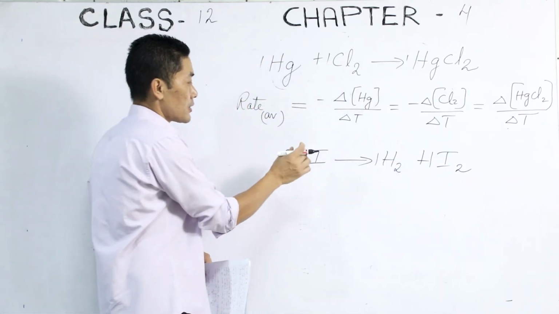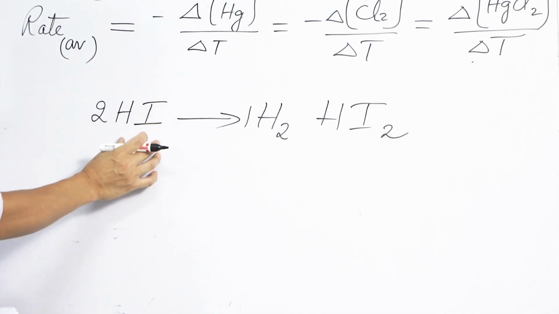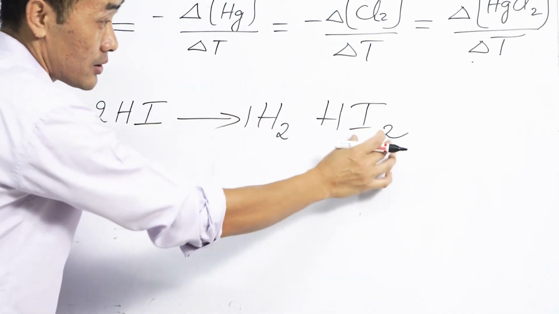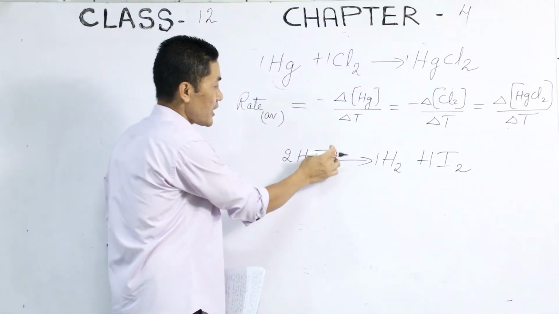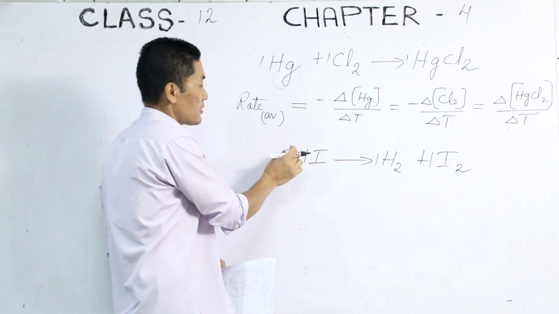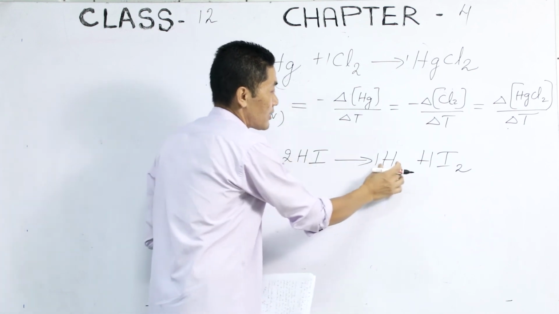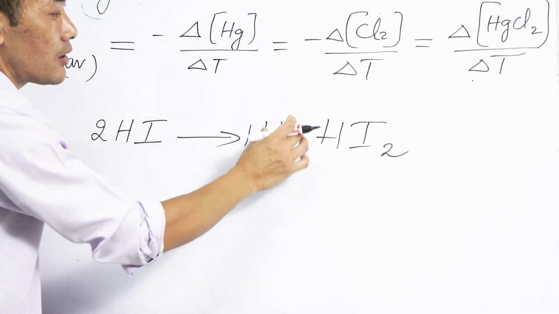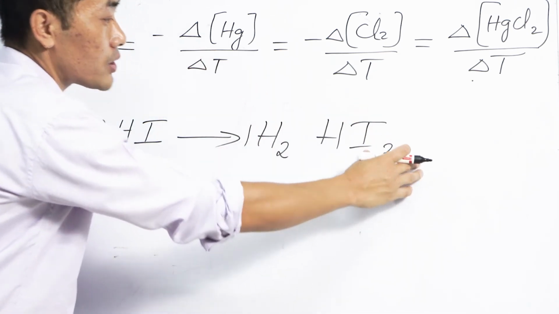This means that the rate at which hydrogen iodide is consumed is not equal to the rate at which these two products are formed. In other words, the rate at which hydrogen iodide disappears is 2 times the rate at which hydrogen and iodine are formed.